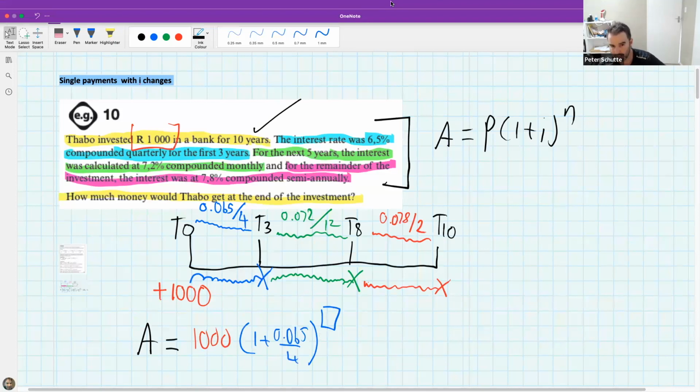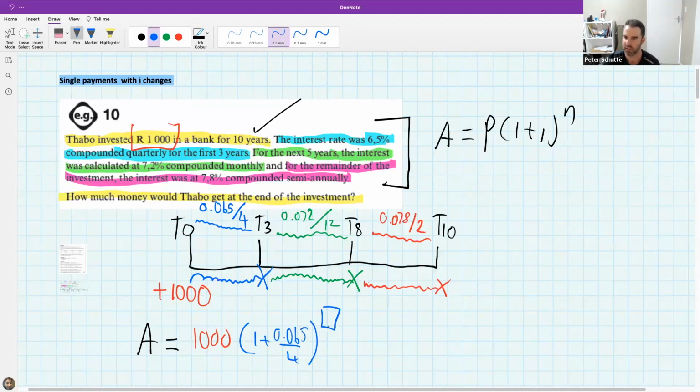So it's 3 years, but I don't want it in years because my interest rate is in quarters of the year. So how many quarters of a year are there in 3 years? And I can see in Kazi and Bongwe, people are getting that this is 12. Yes, fantastic.